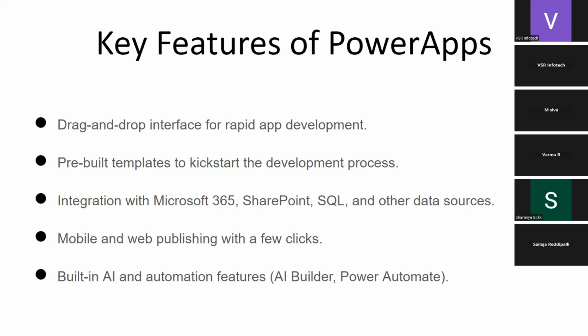We also have pre-built templates which can kickstart the development process. Now, when you are going by the traditional app making, there you don't have any templates. There you have to write code from the very beginning. But here you have some templates which you can use in order to execute a particular function.